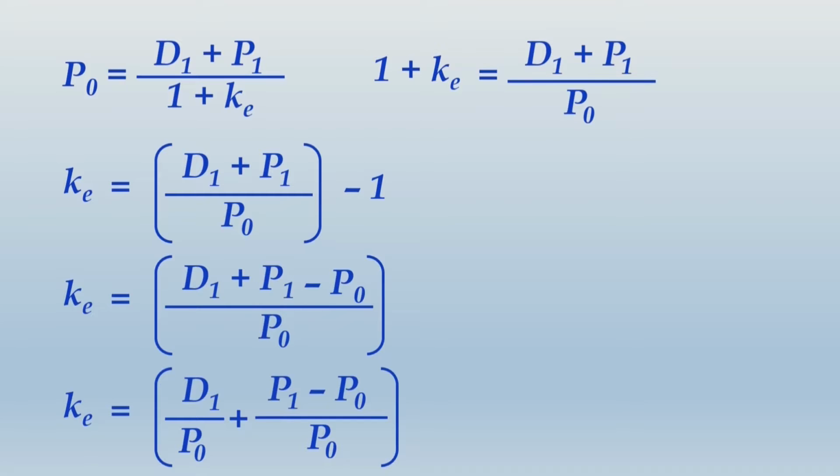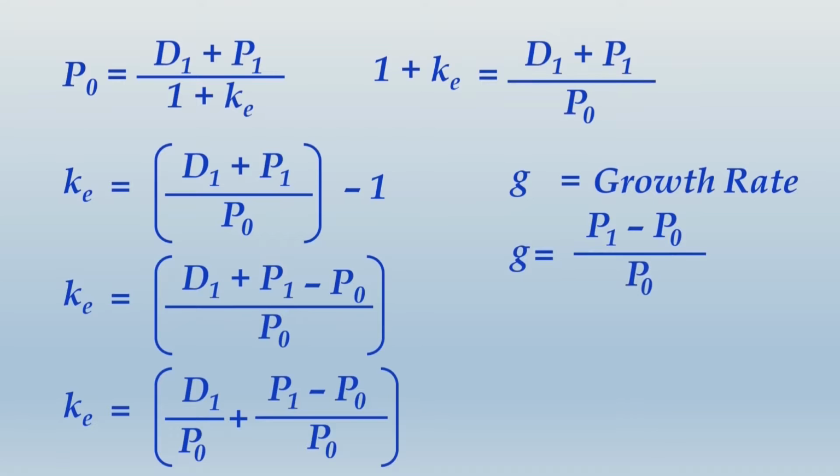By percentage, it would be 20 divided by 200, and that will be 10%. So to compute that 10% growth rate, how did we move ahead? The growth rate can be defined as (P1 minus P0) divided by P0. So mathematically, P1 that is 220 minus P0 that is 200 will give you the amount of growth, divided by P0, which is the base price, will give you the rate of growth.